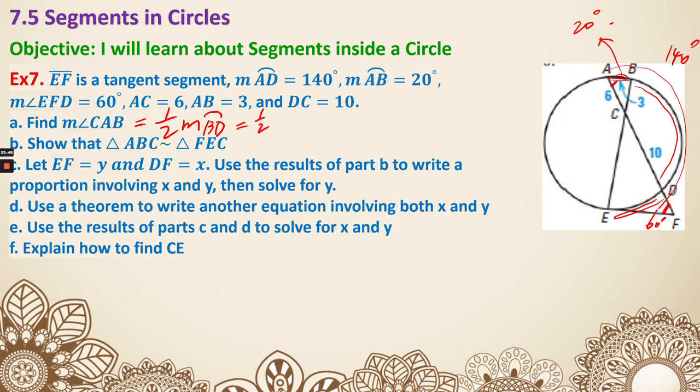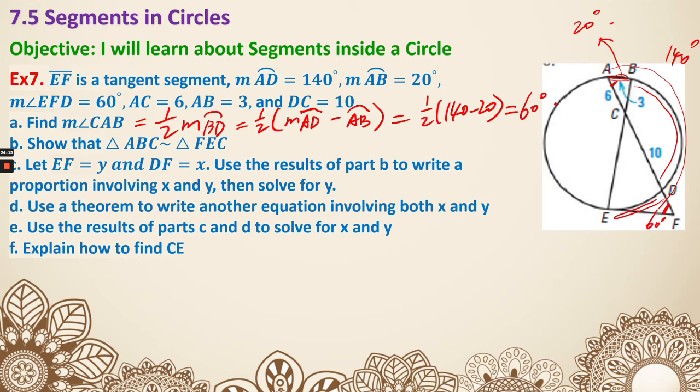So it's 1/2 the measurement of AD minus AB. Since AD is 140 degrees and AB is 20, 1/2 times 140 minus 20 is 60 degrees. That is the measurement of CAB.